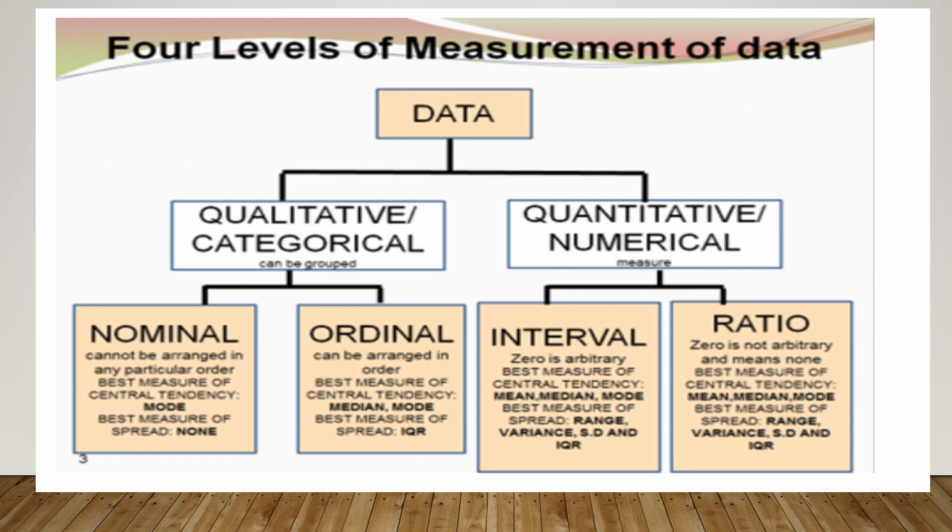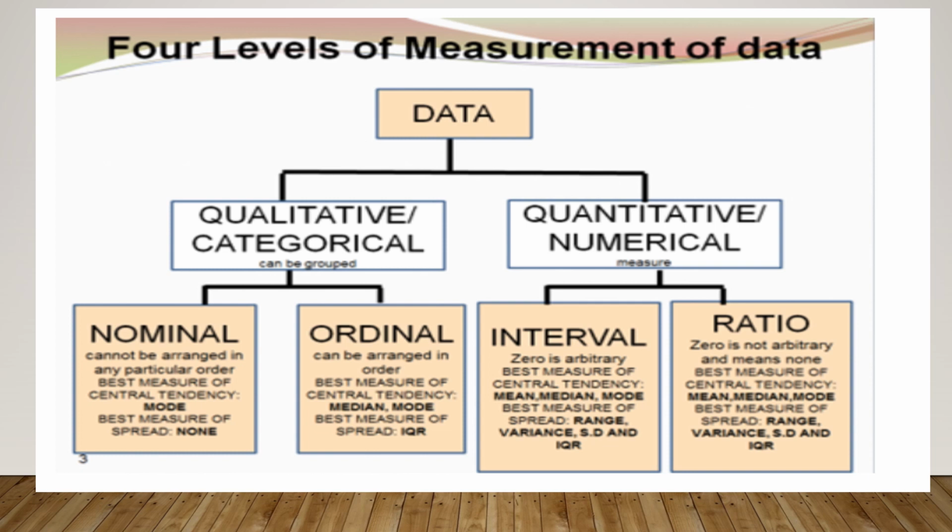When we say interval, the zero is arbitrary. The best measures of central tendency are the mean, median, mode. Then the best measures of spread are range, variance, standard deviation, and interquartile range.